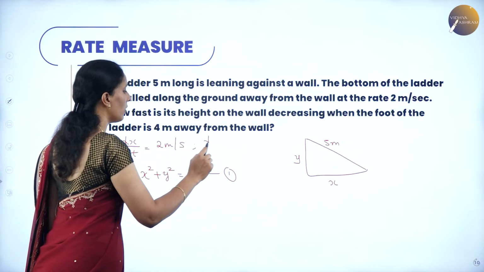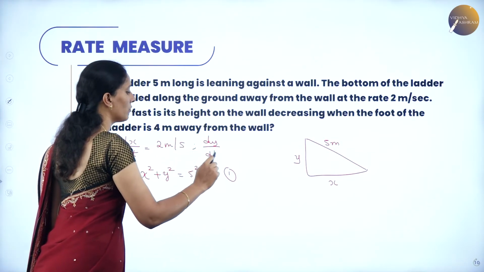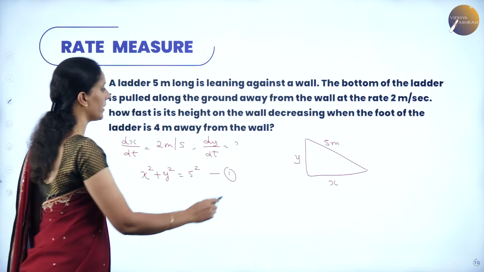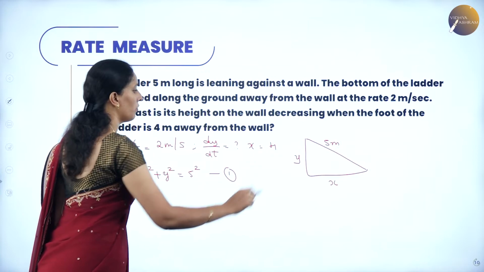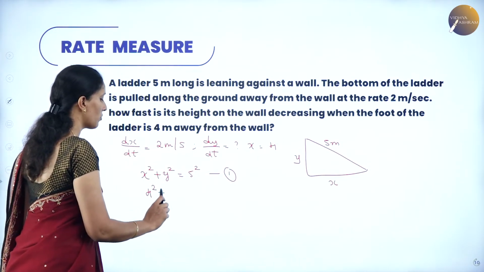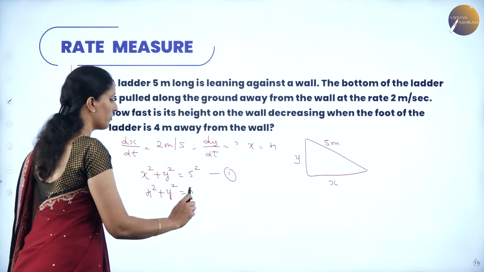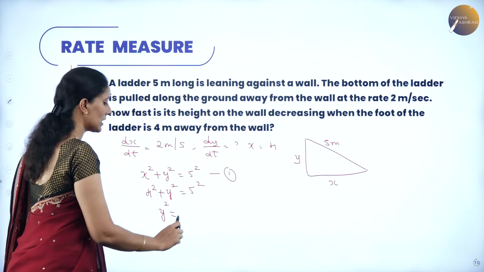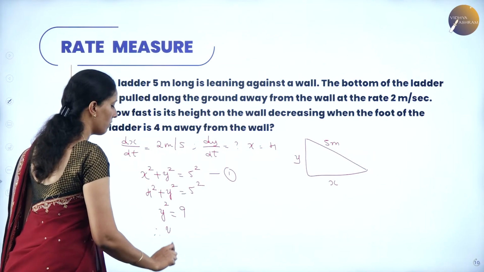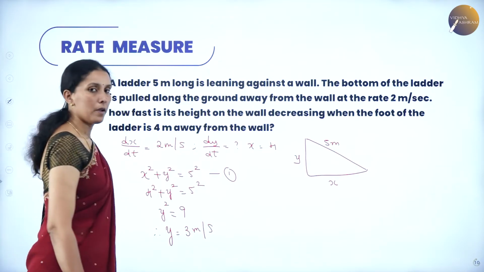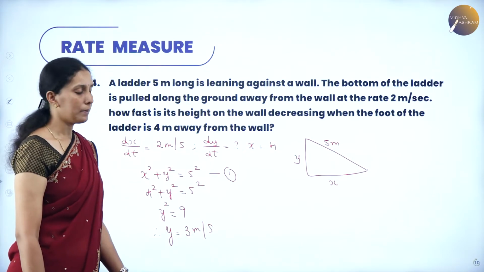And we need to find the rate at which the height is decreasing when x is equal to 4 meter. Substituting, 4 square plus y square is equal to 5 square, so y square is equal to 25 minus 16, which is 9. Therefore y is equal to 3 meter.